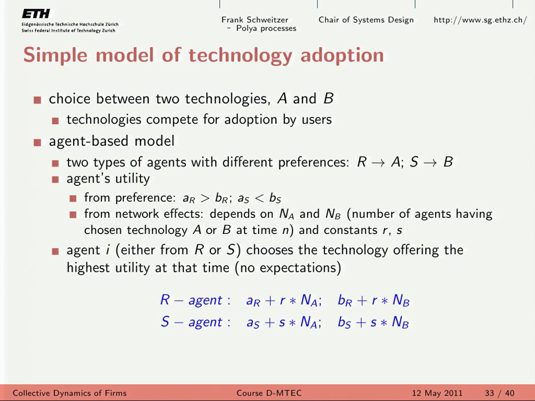And here you see, this agent has a preference for the Apple product, but if very many people in his environment have chosen product B, which is the Samsung phone, then of course the utility he gets from also choosing a Samsung phone is larger at some point than the utility from choosing an Apple phone. Why is this? Not because of his preference, but because so many others did this choice. And then he can no longer talk about the iPhone store. He has to talk about the Google App Store or something like this, right?